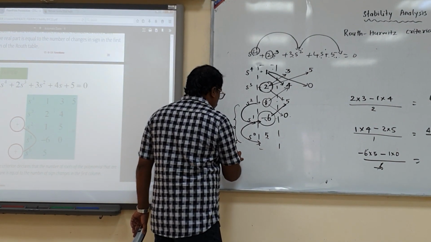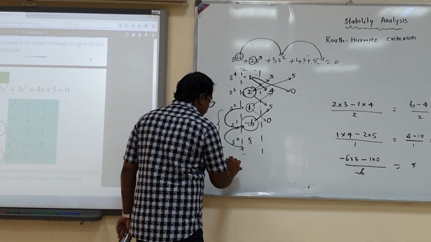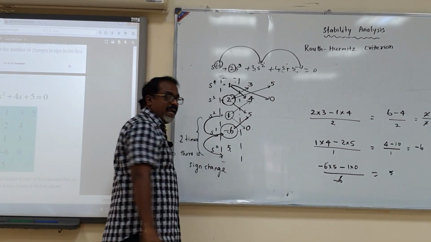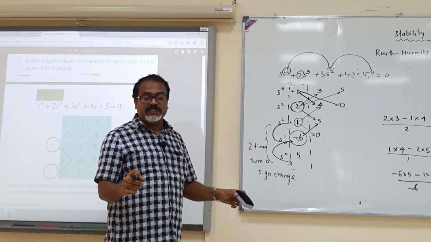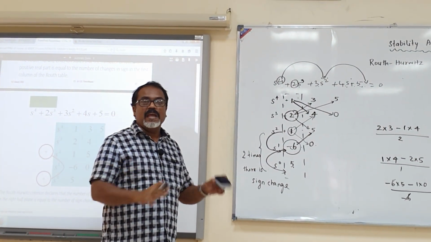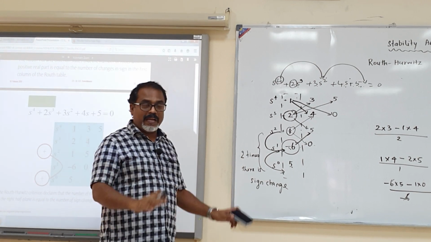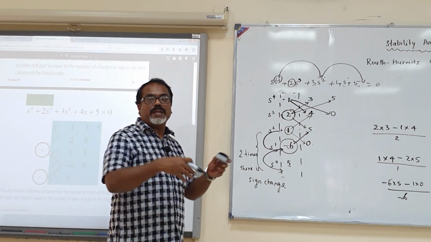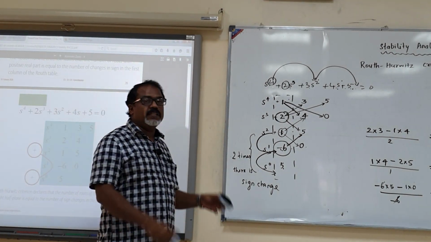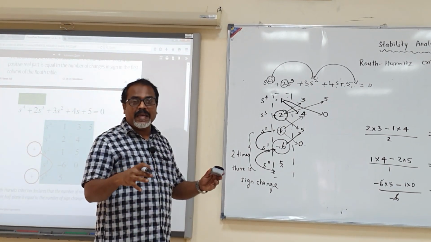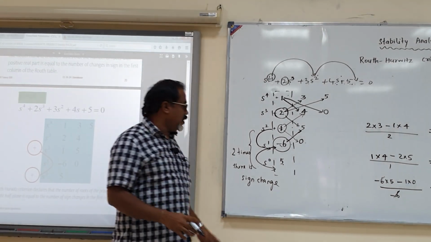Sir, why do I have to find the sign change? Sign change only will decide the stability of the system. If there is no sign change, you can conclude easily it is a stable system. If there is a sign change, you can conclude it is not a stable system, it is an unstable system.